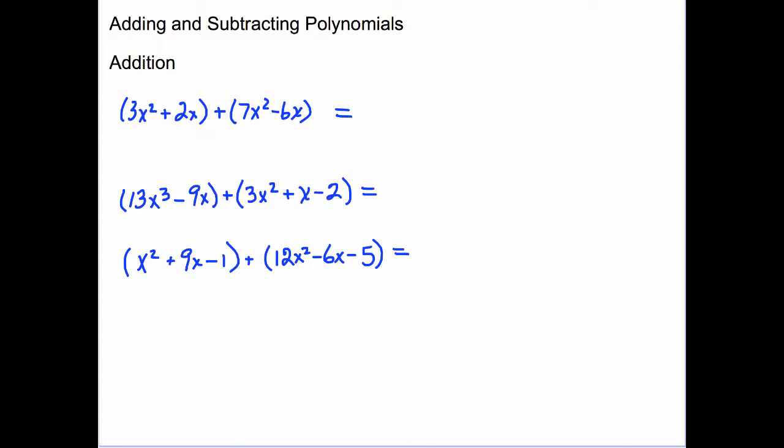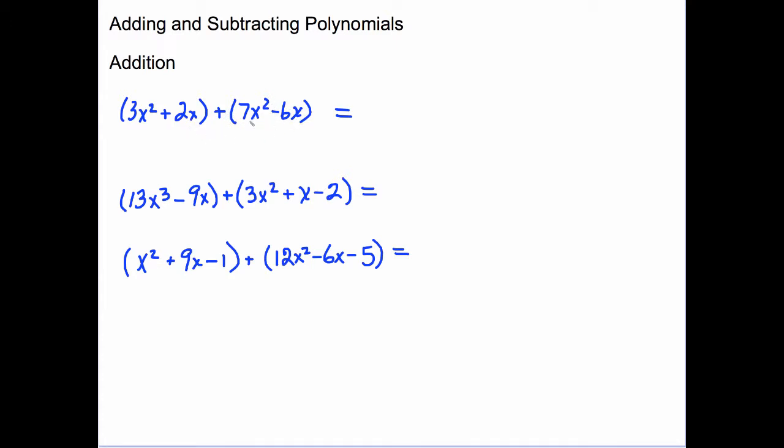Now when we are adding two polynomials that are parenthesized the way you see them, as long as the expressions in parentheses are connected by addition, we can remove the parentheses. So here we see 3x squared plus 2x plus 7x squared minus 6x.